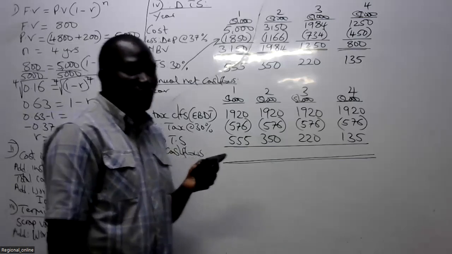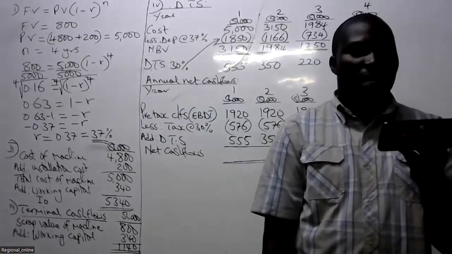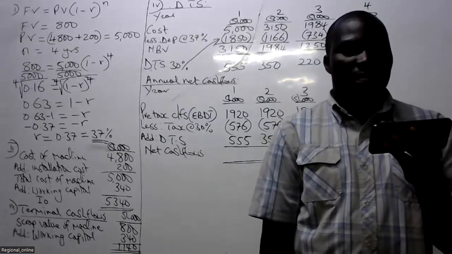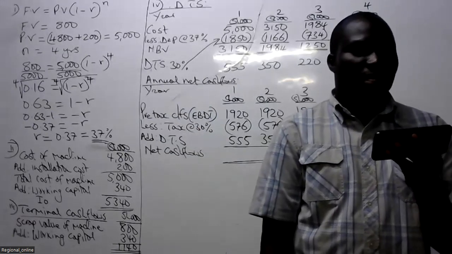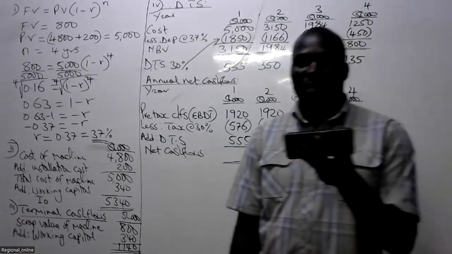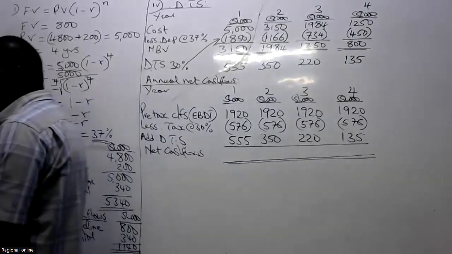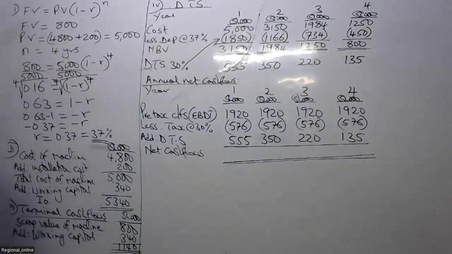Zote ni incidental. The new machine shall require an overhaul at the end of 3rd year, which is expected to cost 100,000. The overhaul cost is to be amortized on a straight line basis over the remaining useful life of the machine. We know how to deal with it.